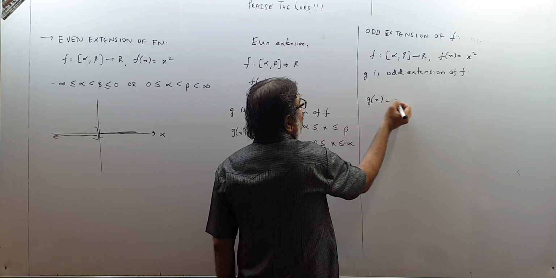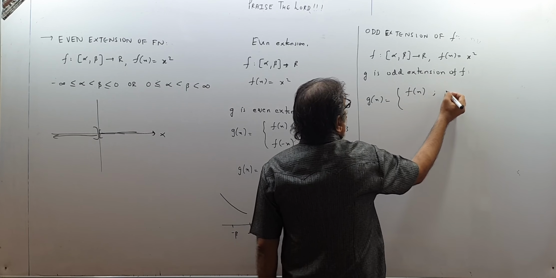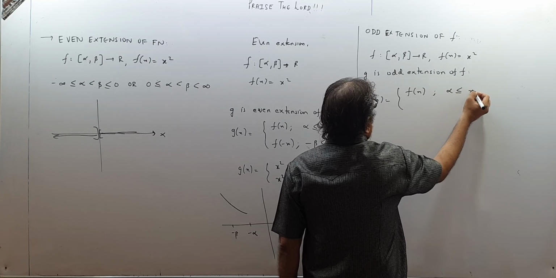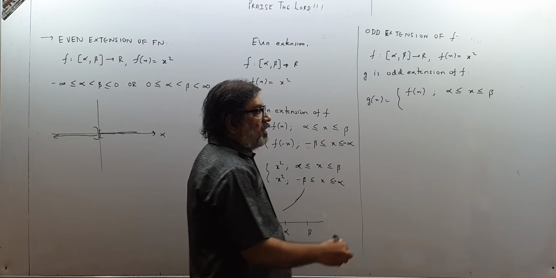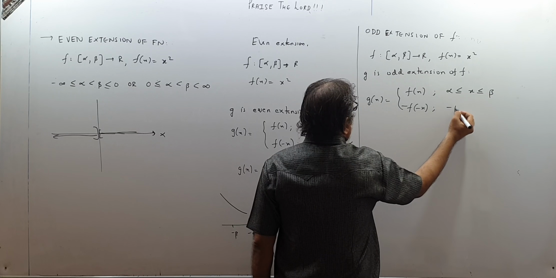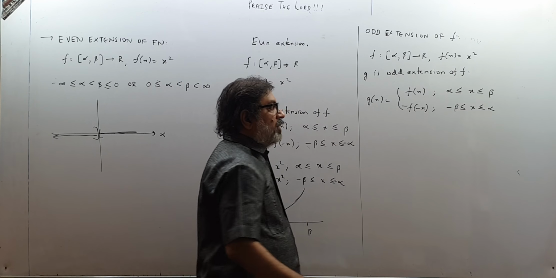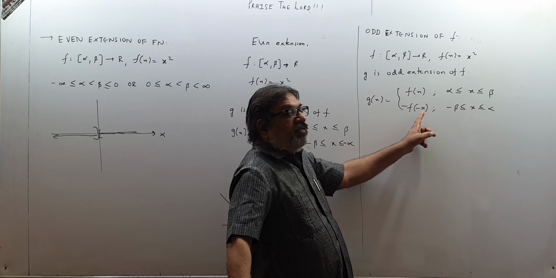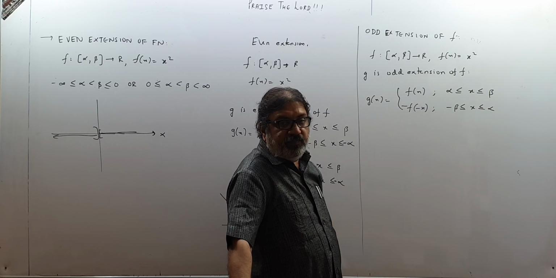Now see, first f(x) will remain as it is, so g(x) is f(x) where alpha less than equal to x less than equal to beta, x lies over here. Then the other will be minus f of minus x where minus beta less than equal to x less than equal to minus alpha. So wherever there was x, we have put minus x, and also over here we have put minus also. This way we get odd extension.